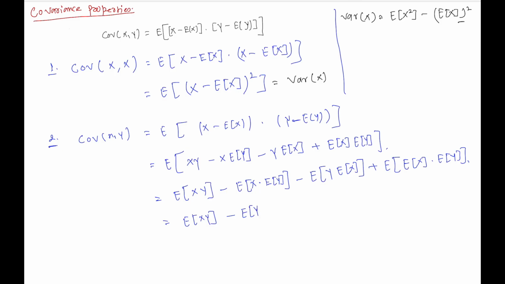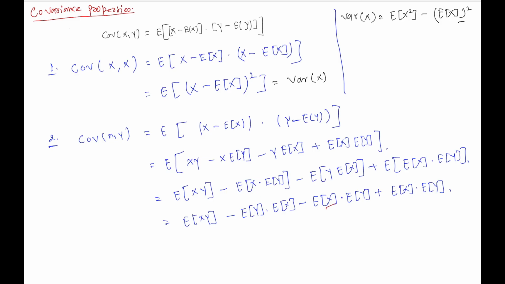So the expected value of y times the expected value of x, minus, again this will be a constant that we can pull out of this expectation, so the expected value of x times the expected value of y, plus these will be constants, so we will have the expectation of x times the expectation of y, right?